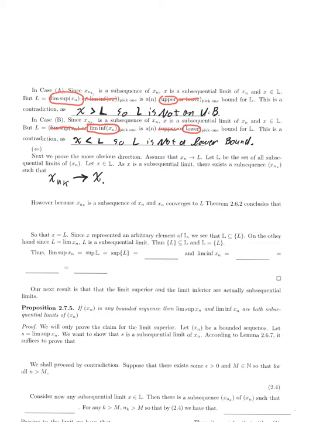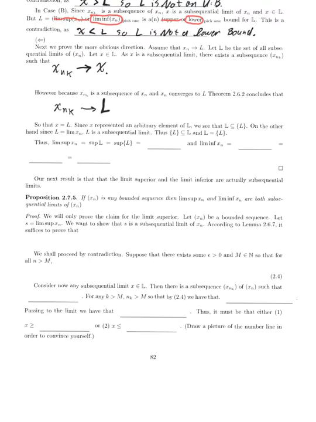On the other hand, x sub n sub k is a subsequence of x_n, and I know that x_n converges to L. Theorem 2.6.2 is the theorem from the previous packet, which says that if a sequence converges, then all of the subsequences converge to that same number, the limit of the sequence. So x sub n sub k converges to L. We've proven that if a sequence converges to two different numbers, then those numbers are the same, so x is equal to L.